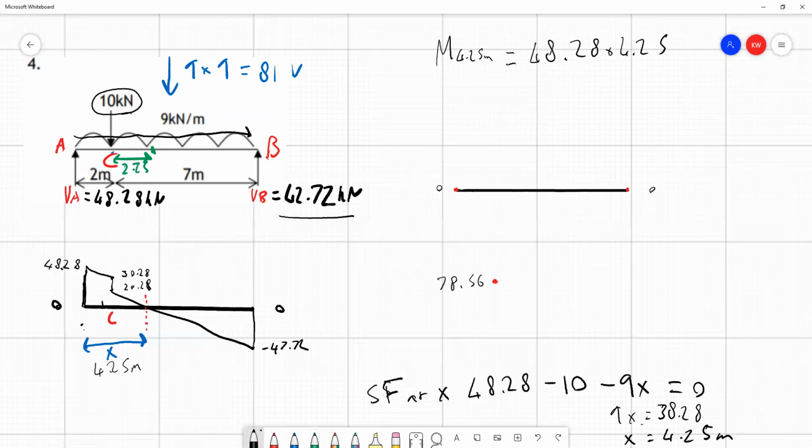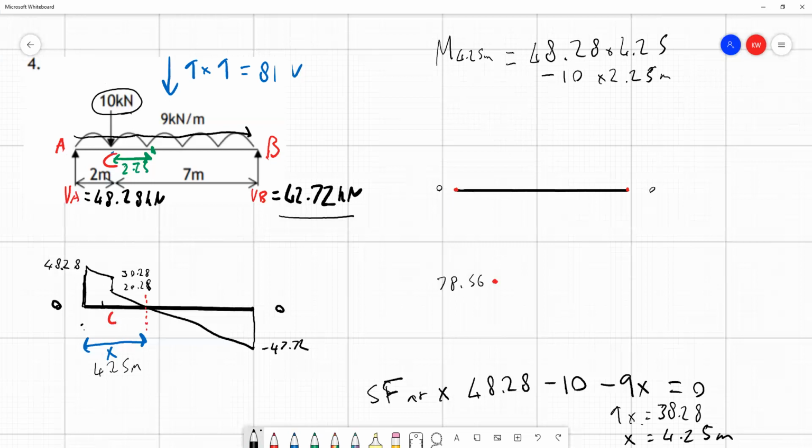And so again, considering this turning moment, it's going to be negative due to the downward force at C. So we'll have minus 10 times 2.25 meters. And then the last force we have to consider at this point here is the force due to the UDL.